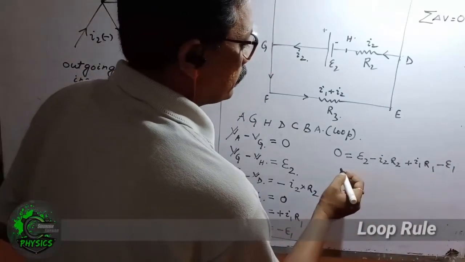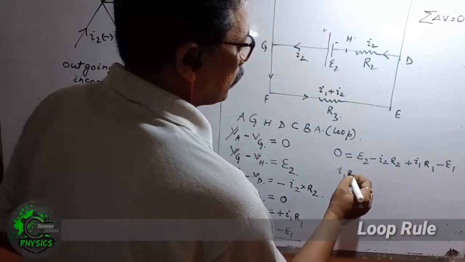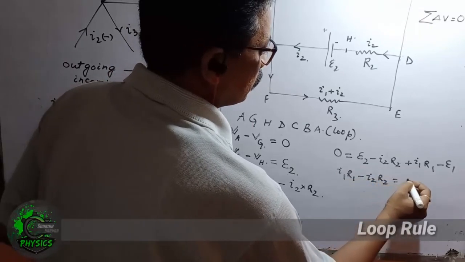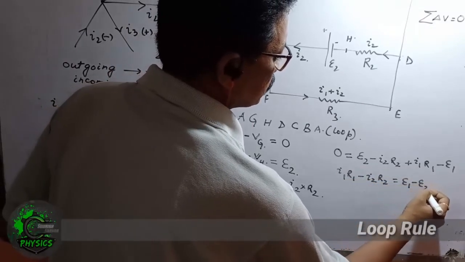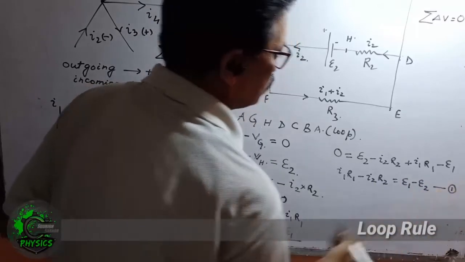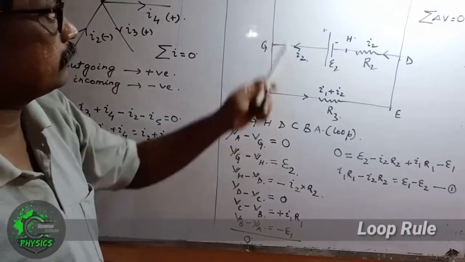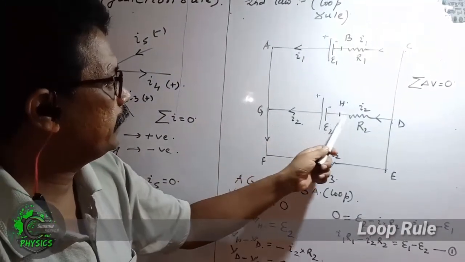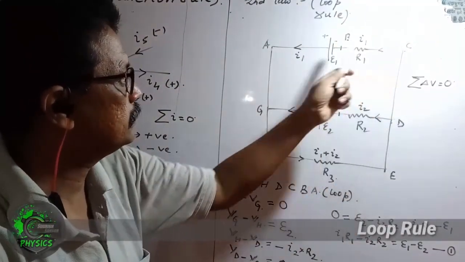So we can write the equation I1 R1 minus I2 R2 equal to E1 minus E2. This is equation 1. This is how to set the equation for the loop A, G, H, D, C, B, A.